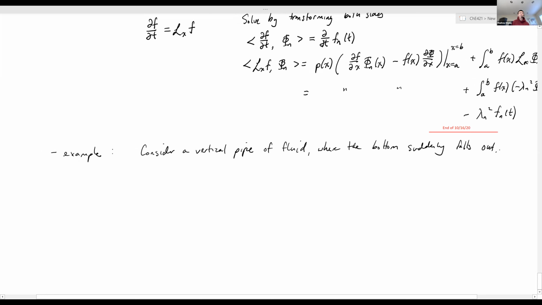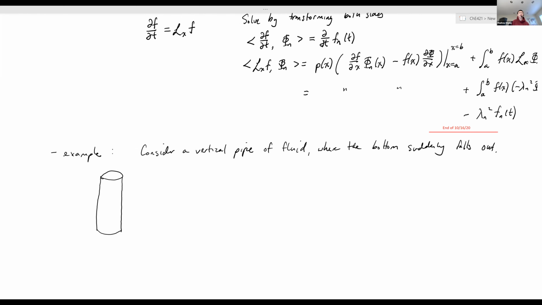This vertical pipe is going to look something like this. Let's not worry about, we can say that it extends infinitely up and down or something like that. And so we're not going to worry about end effects at all.